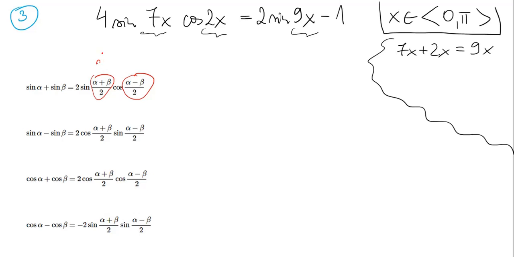So we have 4 formulas, and if we want to use the first one, we cannot use 7 and 2 because that would just lead us nowhere. So we can use the first formula, but we have to use 9 and 5, right? And if you use 9 and 5, then you will get 7 and 2, okay?